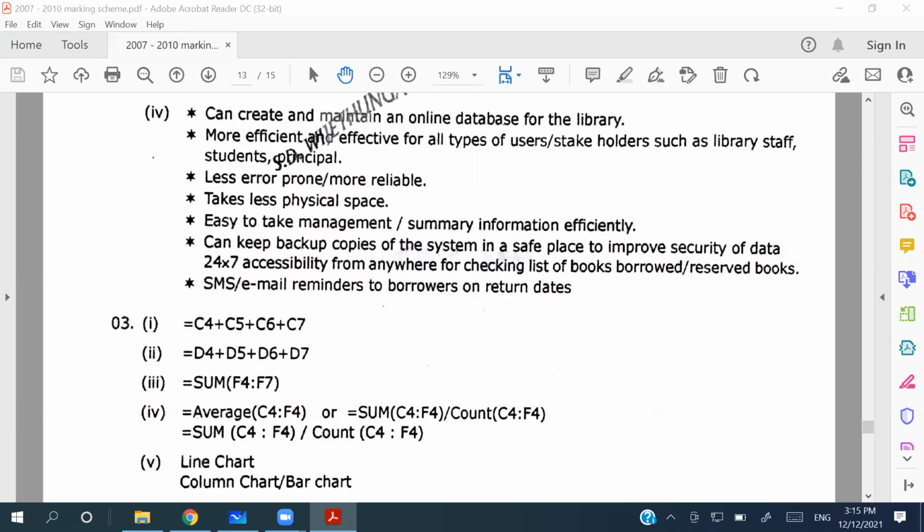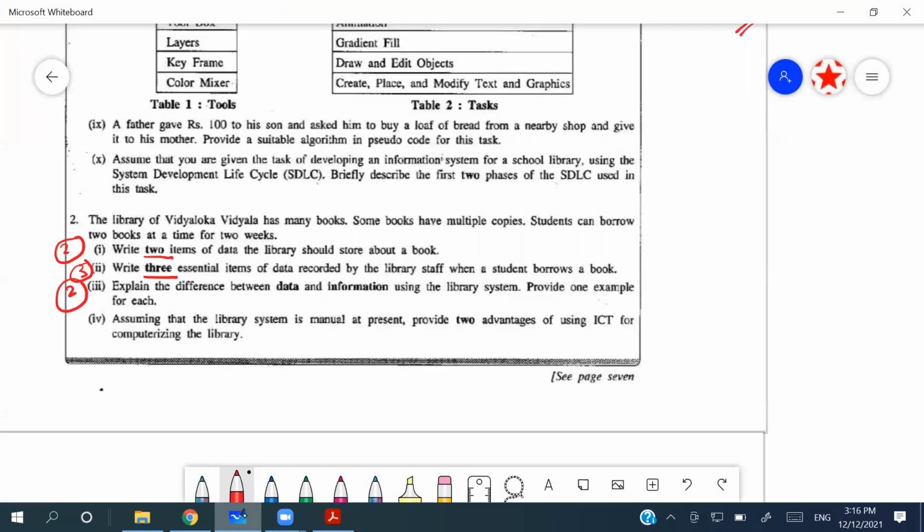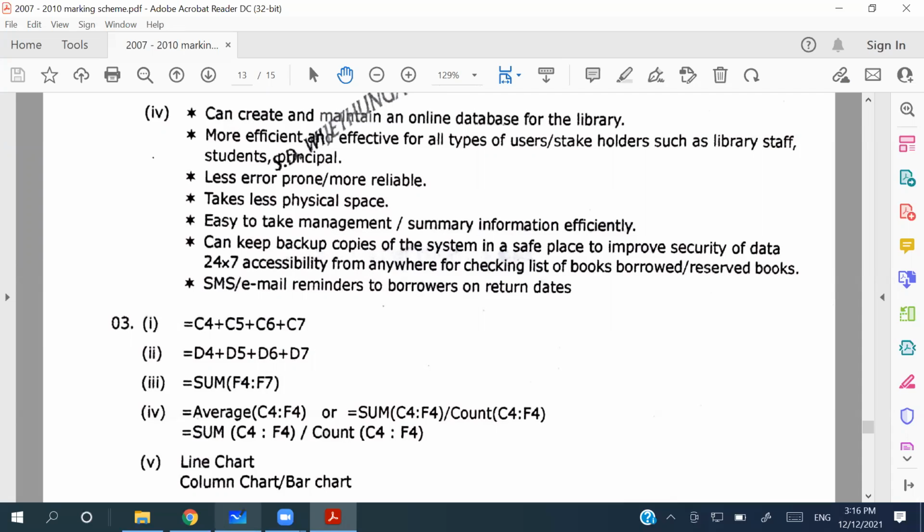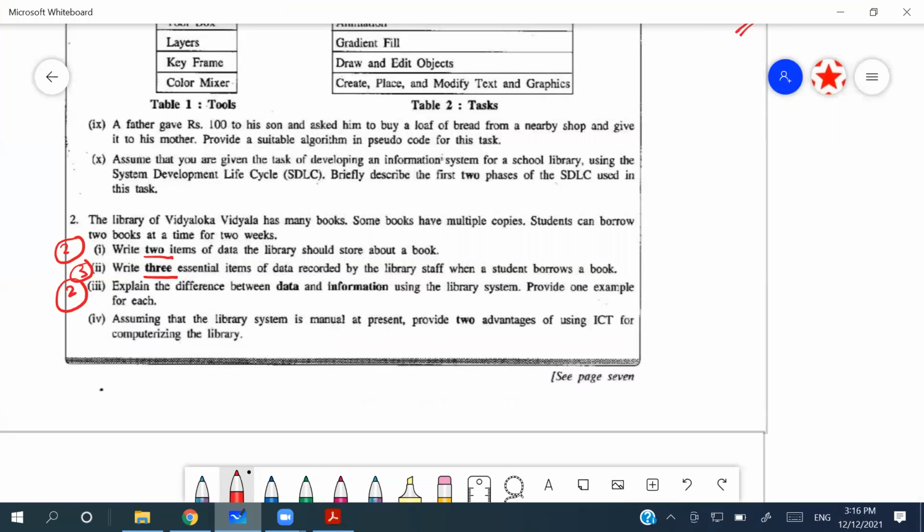Right, so how much were they asking? Assuming that the library system is manual at present, provide 2 advantages. Yeah, so if you have written 2 advantages, you can take 3 marks for that, 1.5 for each.